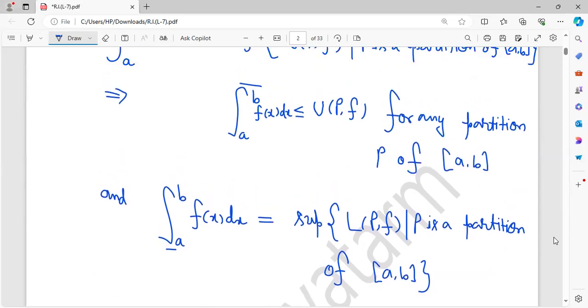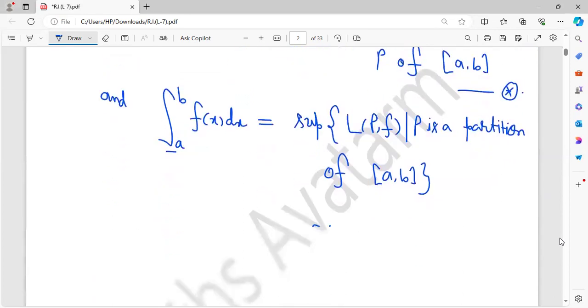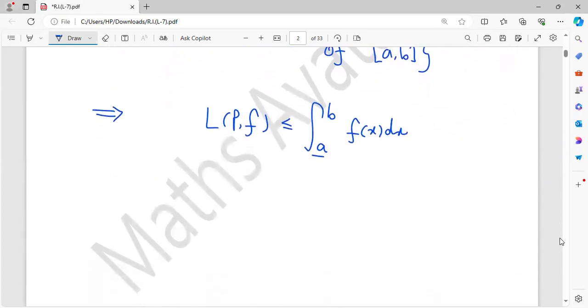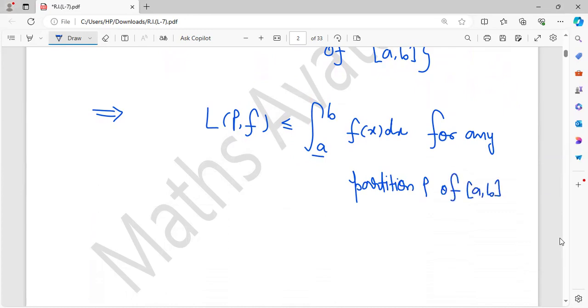Let's say this equation is star, and this one, for any partition P of [a, b], is double star.